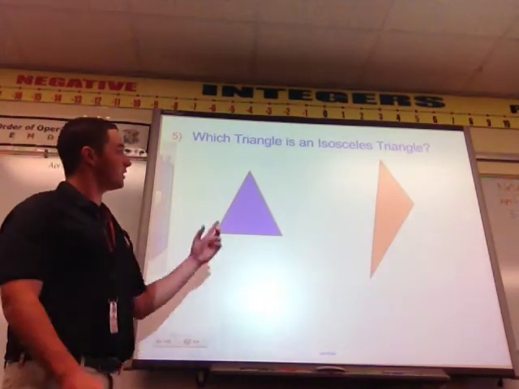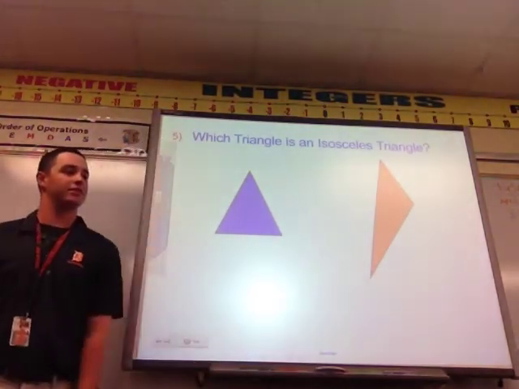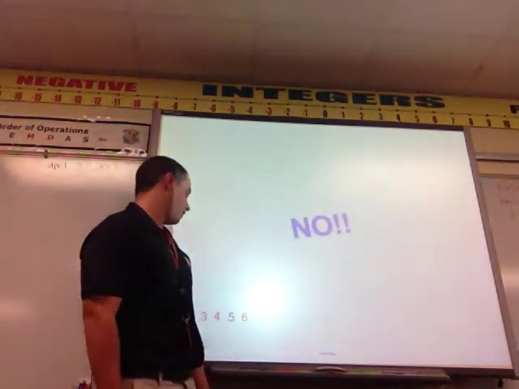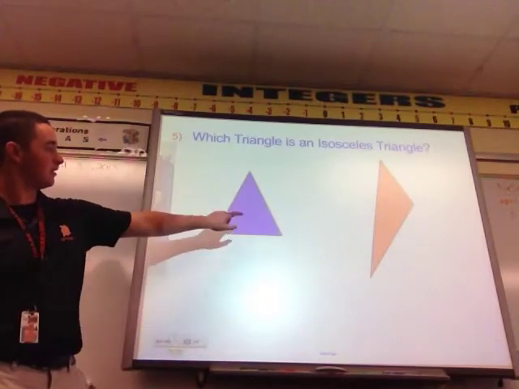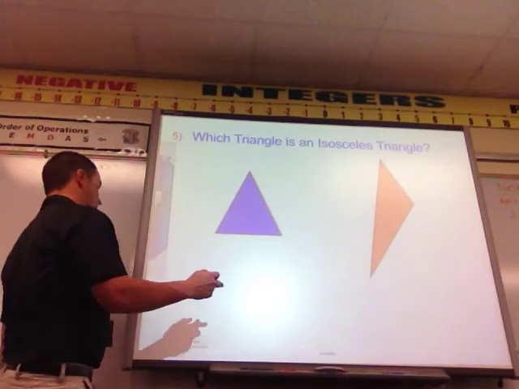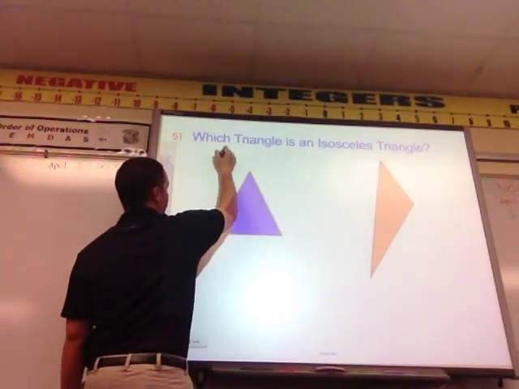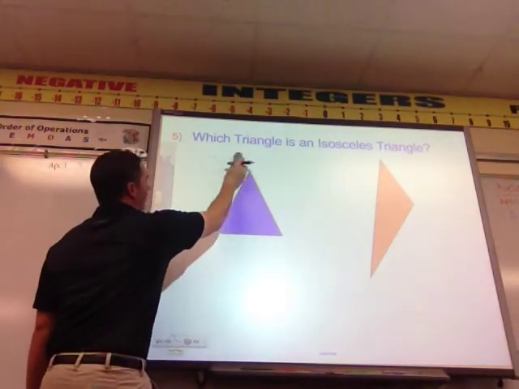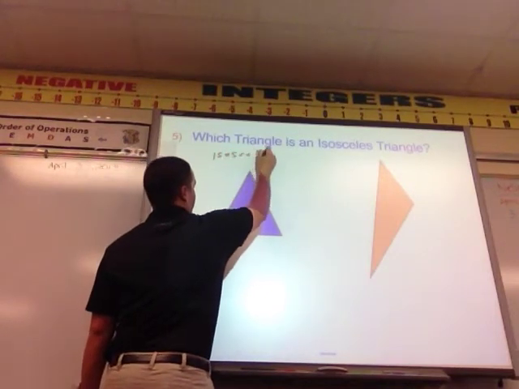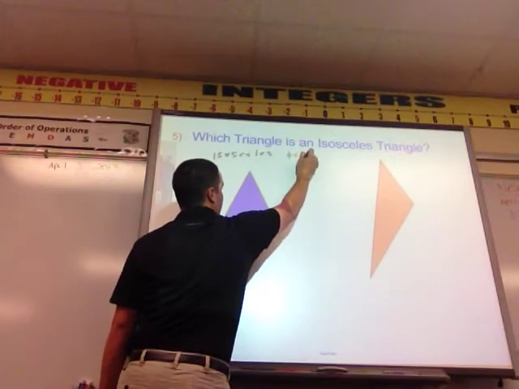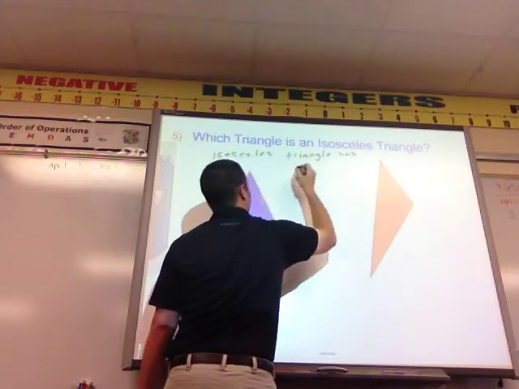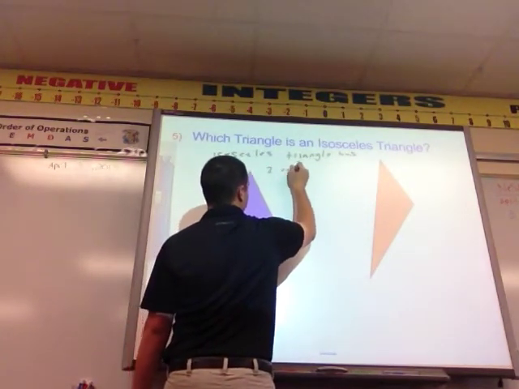which triangle is an isosceles triangle? This one right here? No. It's this one. The reason this one is an isosceles triangle is because an isosceles triangle has two equal sides and two equal angles.